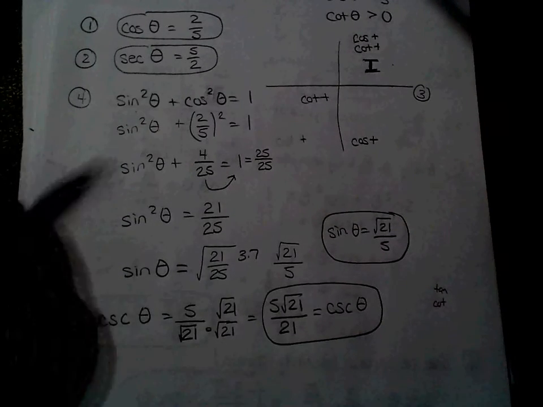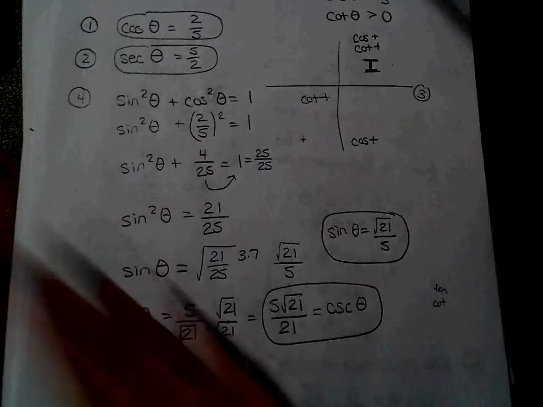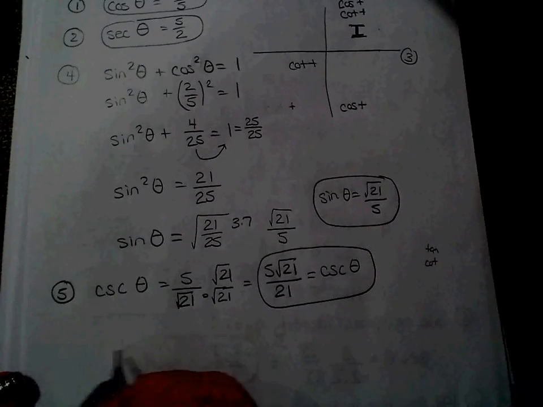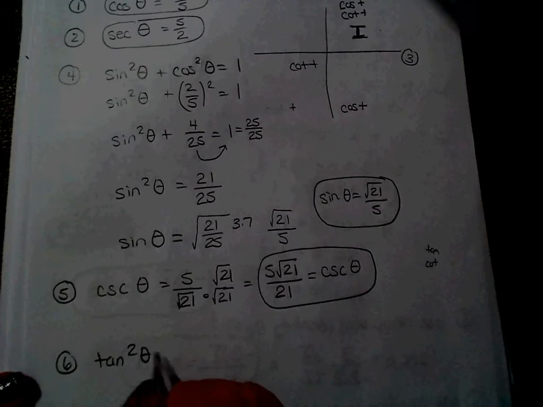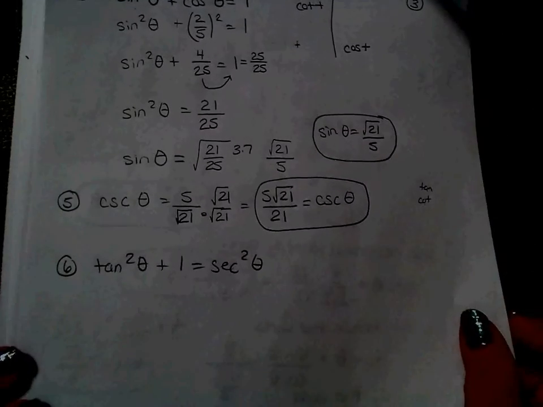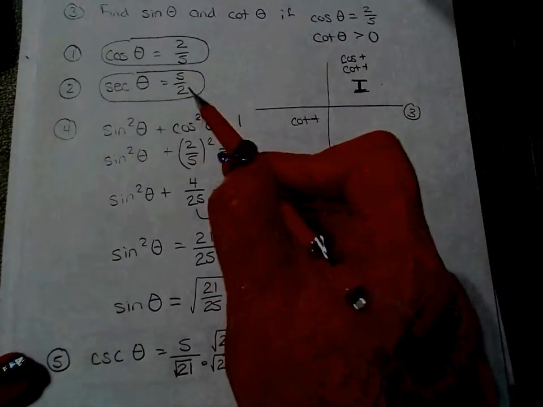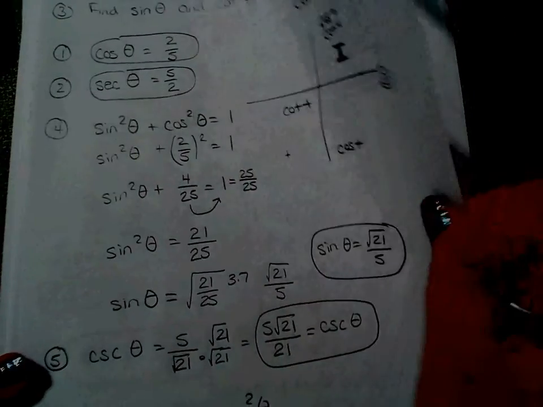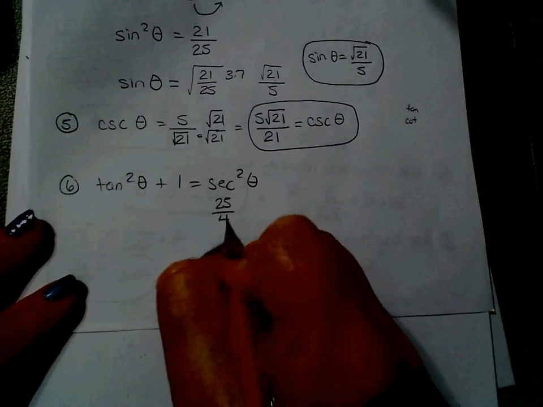So I pick a Pythagorean identity that has one of those in it, and the one that I'm going to use is tangent squared plus 1 equals secant squared. Okay. Tangent squared plus 1 equals secant squared. I don't know tangent, but I do know secant. 5 over 2. So let's square 5 over 2, and that's going to give me 25 over 4.